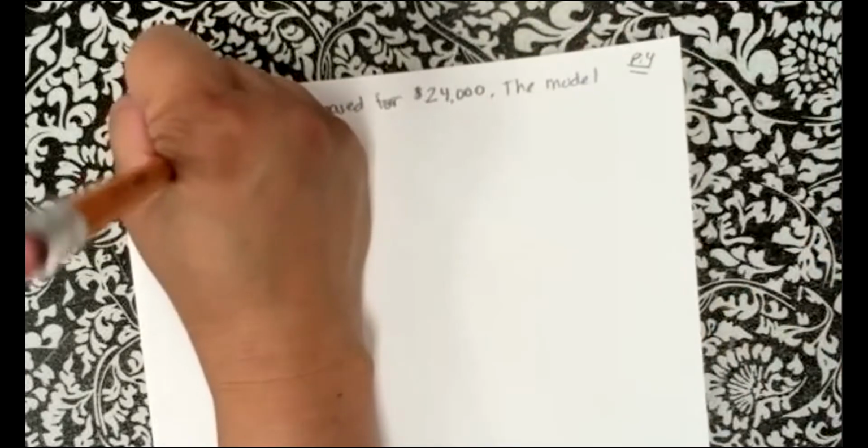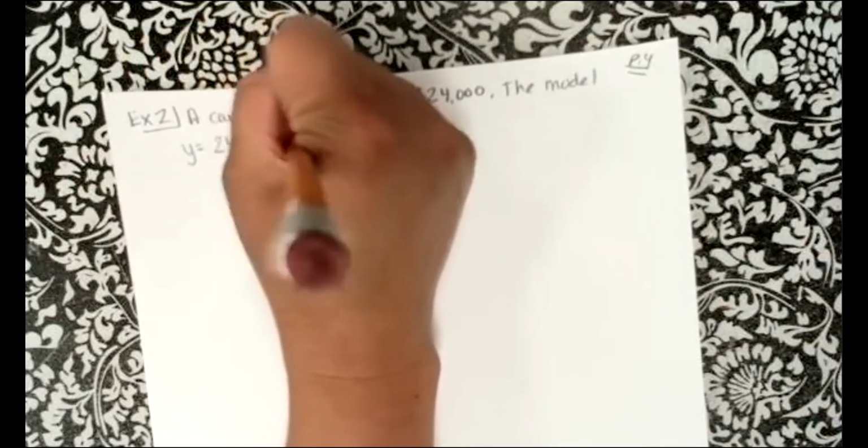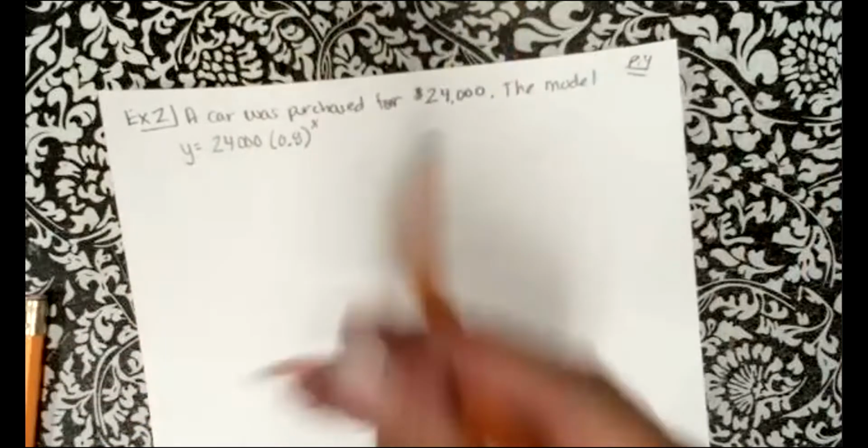The model is y equals 24,000 times 0.8 raised to the x. Or you could put raised to the t. We'll put raised to the t because this is going to be time.